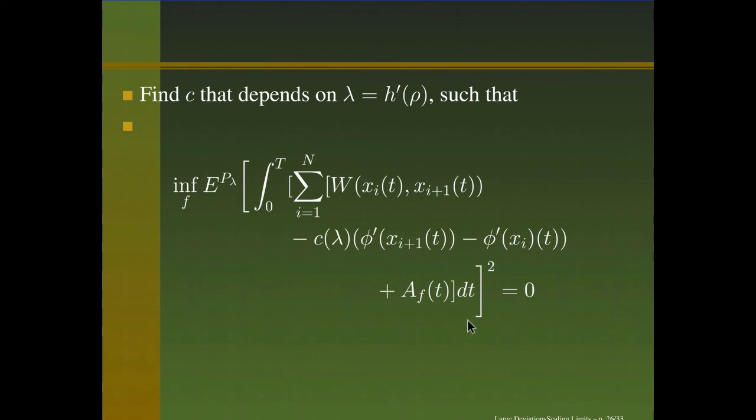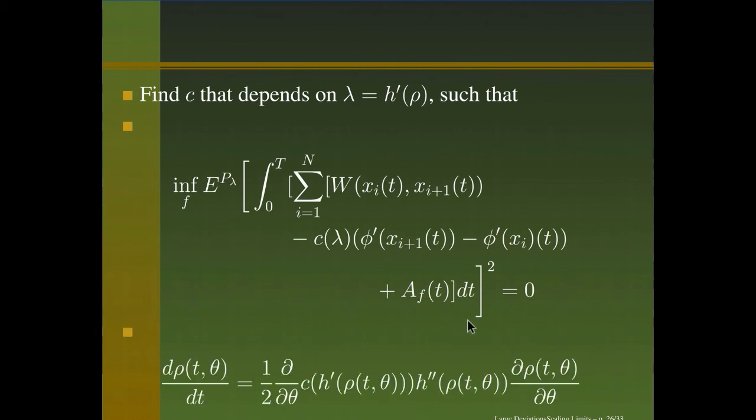And if you can succeed in doing it locally, even when lambda is not a constant, then you will end up with the following partial differential equation. The only difference from the earlier one being that instead of just h double prime, now you have c as a function of h prime times h double prime.